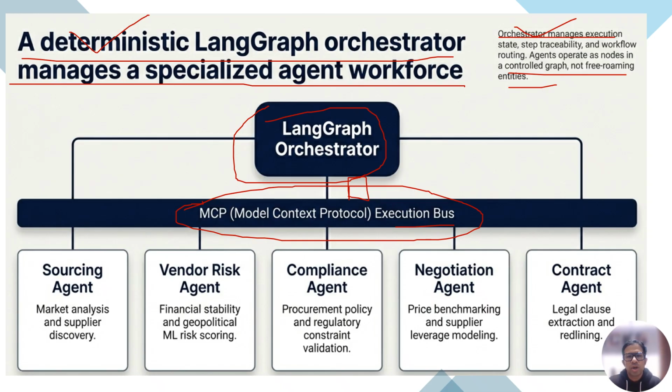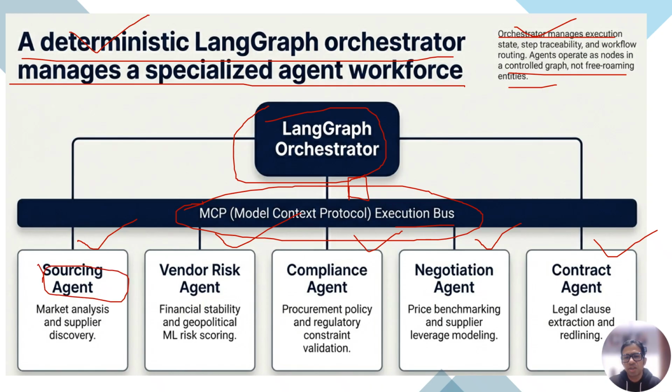Now look at these 5 boxes at the bottom. These ones. Instead of one mega agent doing everything, we split responsibilities like a real procurement team. Now we go one by one. This is the sourcing agent.